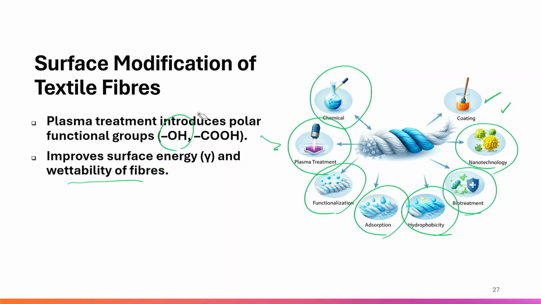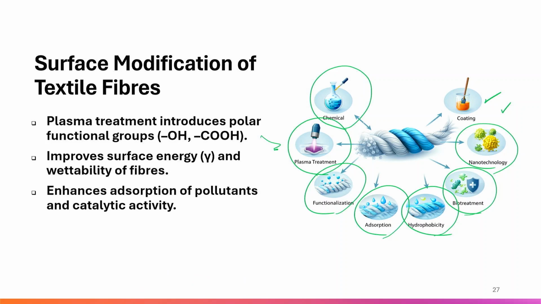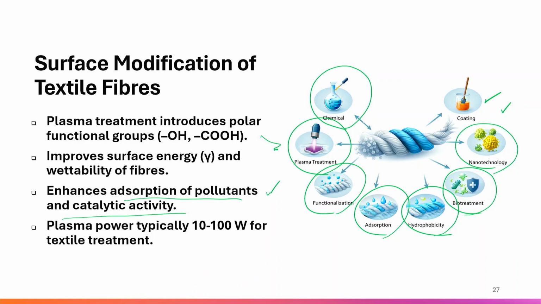So, if we want to increase the hydrophilicity, we can use plasma treatment. It enhances the adsorption of pollutants or catalytic activity, so we can enhance the adsorption capacity by surface treatment. The plasma power is typically 10 to 100 watt for textile treatment, so at that power we can treat the textile material.